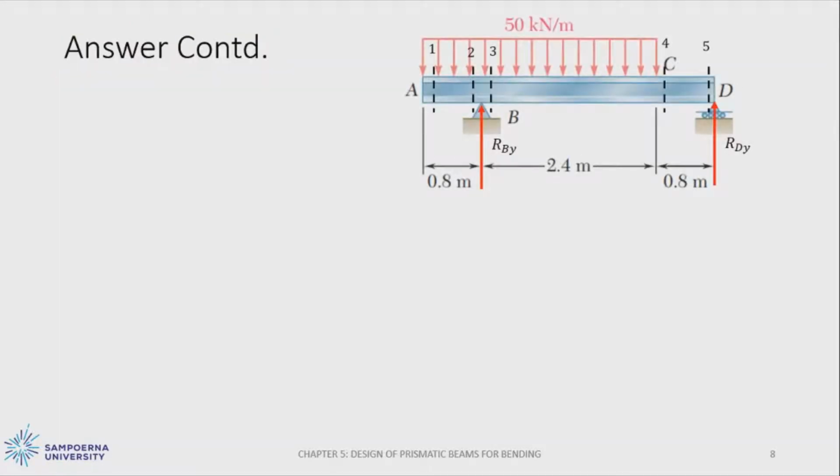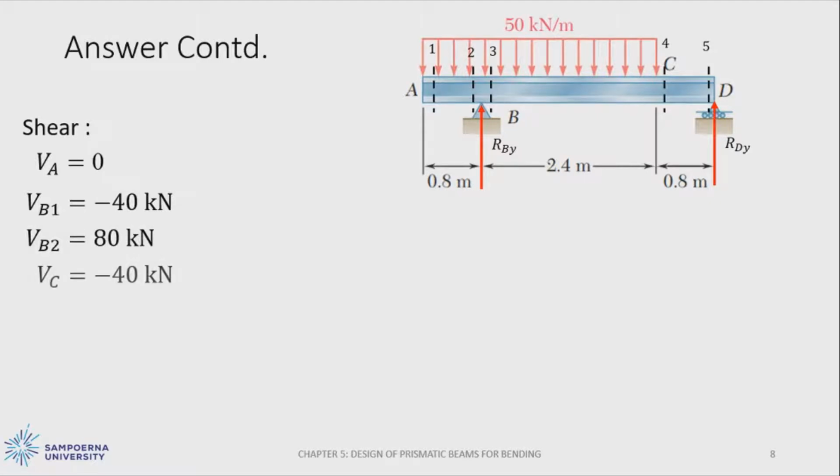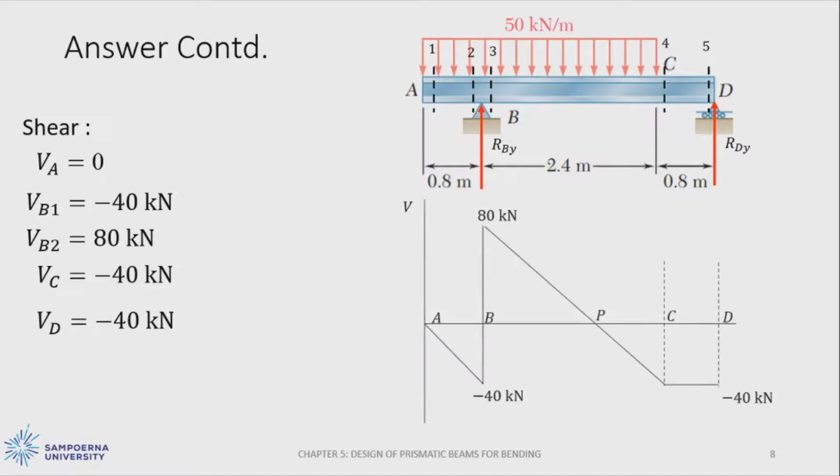From the V for each partition, we can create the shear force diagram. We have VA equal to 0, VB1 is minus 40, VB2 is 80, VC is minus 40, and VD is minus 40 kilonewton. So we can create the shear force diagram as shown in this figure.